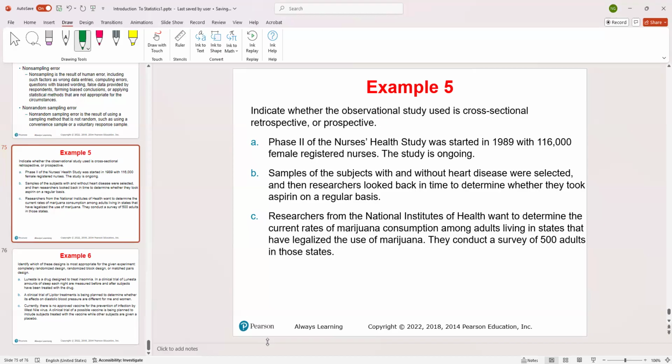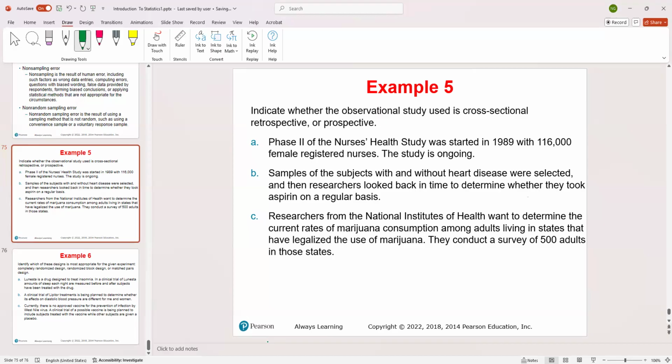A. Phase two of the Nurses' Health Study was started in 1989 with 116,000 female registered nurses. The study is ongoing. Because this one is observational, what would you say? Is it retrospective, meaning past, or cross-sectional, meaning at one point, or prospective, meaning future?